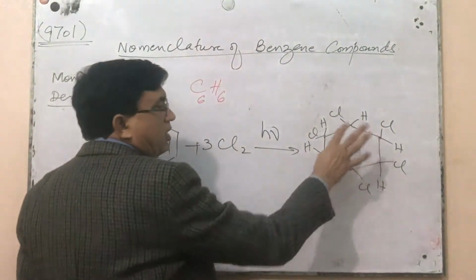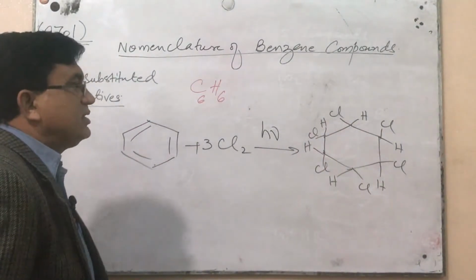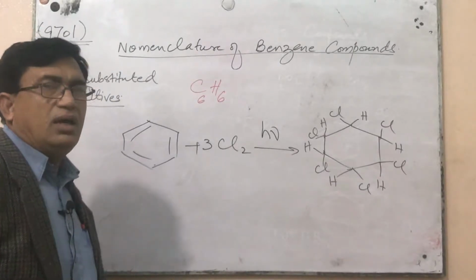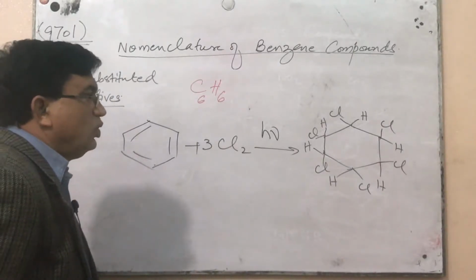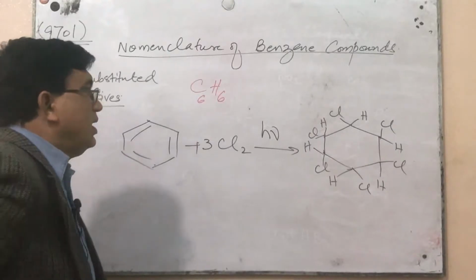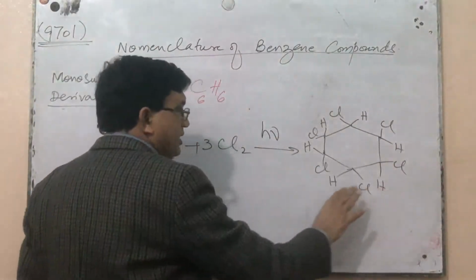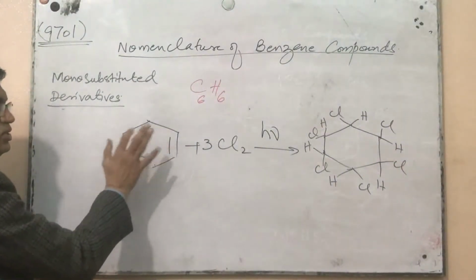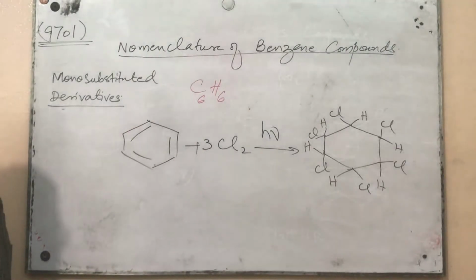Such a type of product will be formed, and this is called hexachlorocyclohexane. Hexachlorocyclohexane will be formed as a result of this.